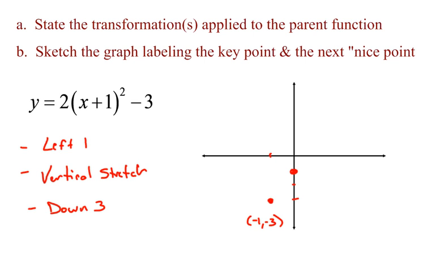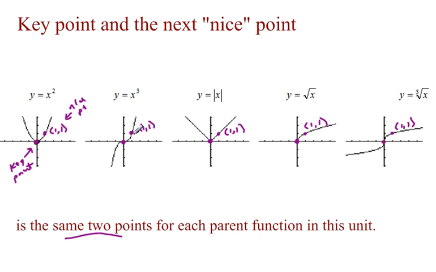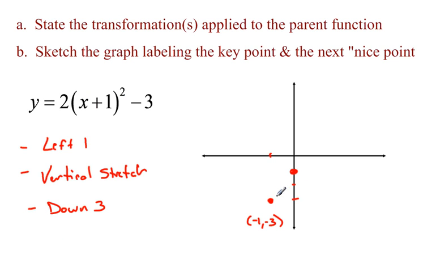Remember, normally I just go up 1 over 1. But when I have a stretch, I look at what happens to the y. I go up 2. And nothing was stretched with the x, so I still go over 1. And that takes me to the point 0, 1. And now that I have those 2 points, I can draw my parabola, which is this graph because the parent is y equals x squared.